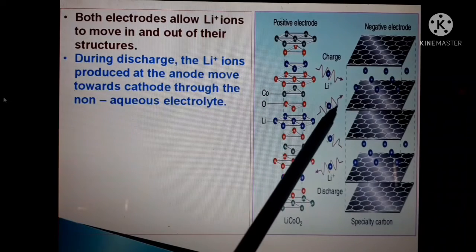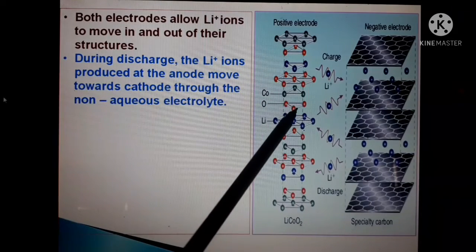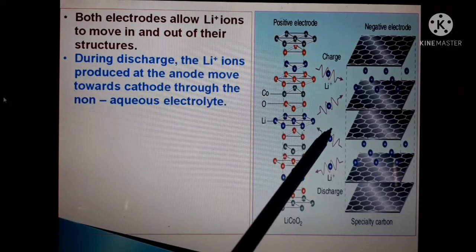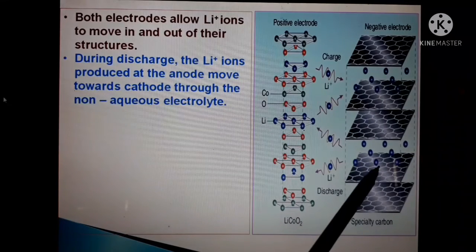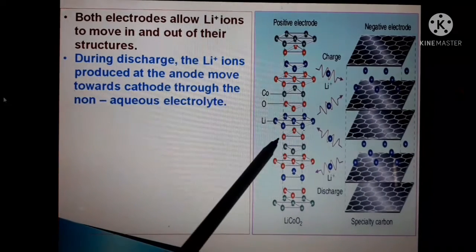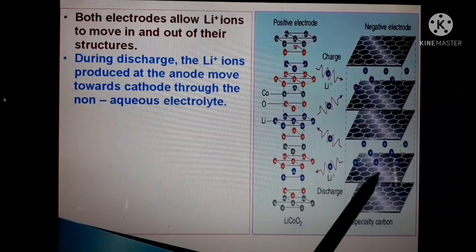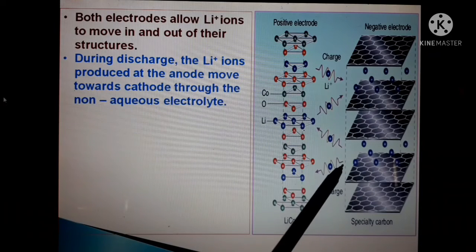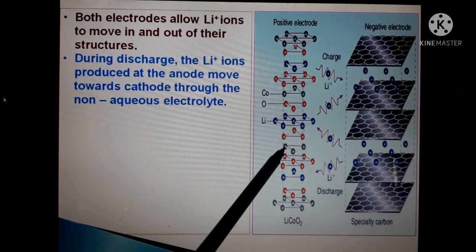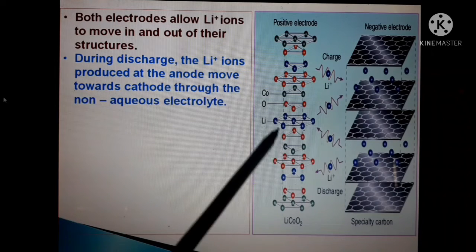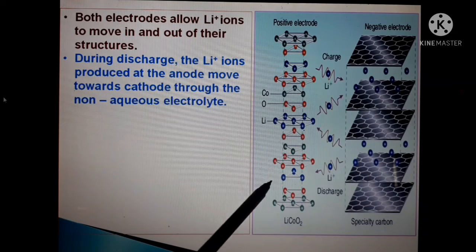This is the discharging time. This is the anode and this is the cathode. From the anode, the lithium ions are released to the cathode and combine with cobalt oxide to give lithium cobalt oxide.